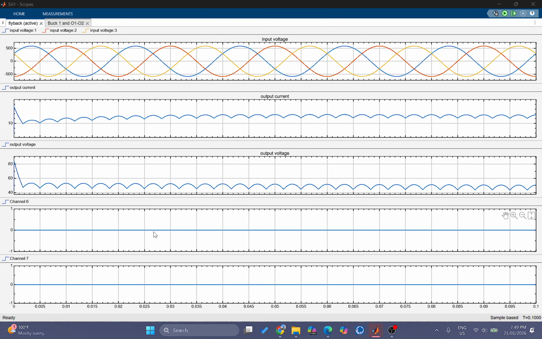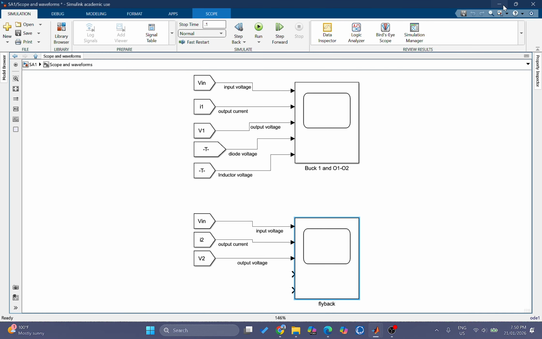Similarly, for the flyback converter, we have input voltage, output current, and output voltage with reasonable ripple limits.